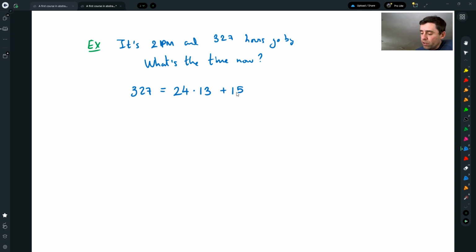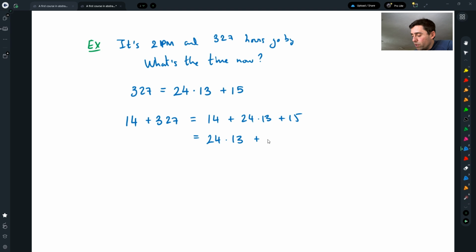So if we started with 14, the 14th hour, and add 327, what's going to happen is that I have 14 plus 24 times 13 plus 15. So I do have multiples of 24 in here, and then 14 and 15 is going to give me 29.